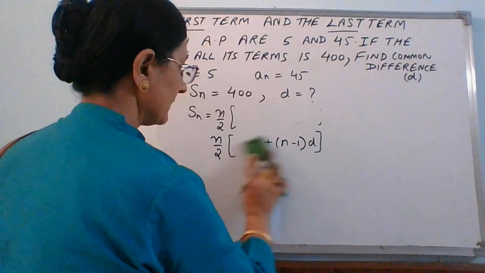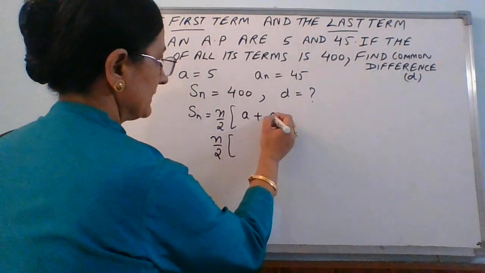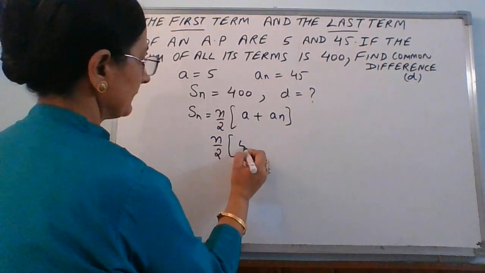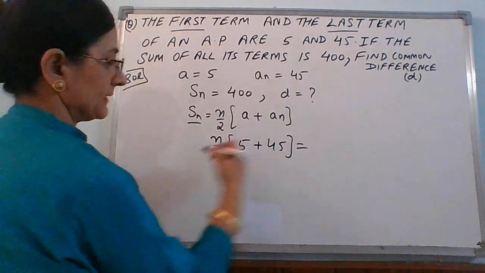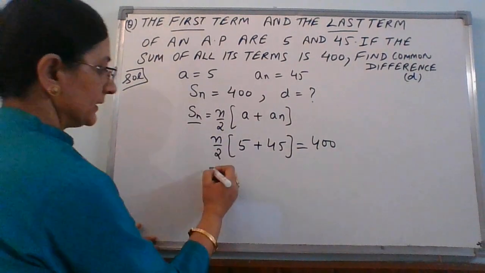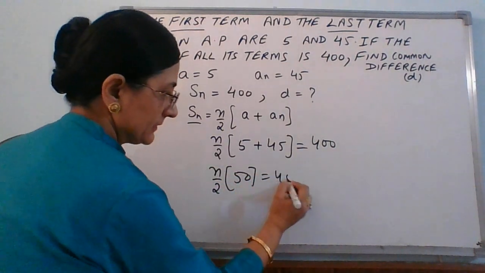So that is the sum, a plus an, right? This was the formula here. Now a is 5, the last term an is 45, and Sn is 400. Substituting, it becomes n by 2 into 50.